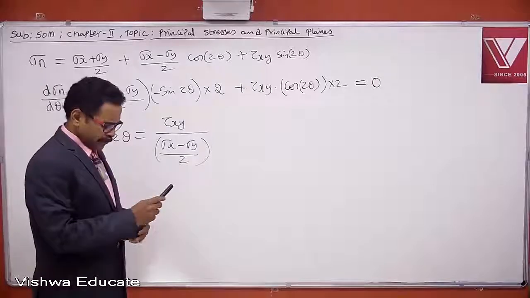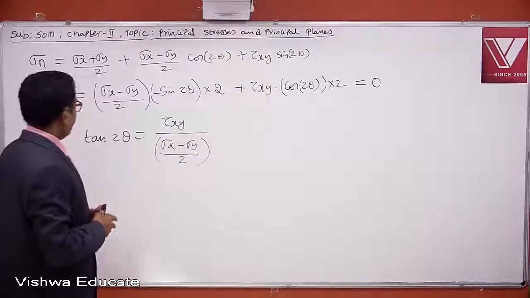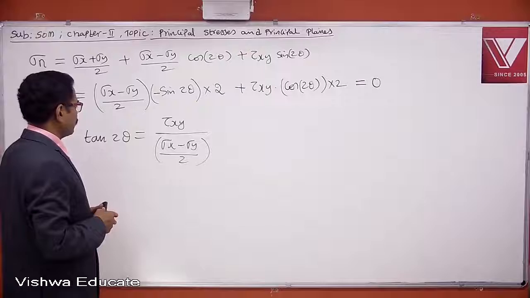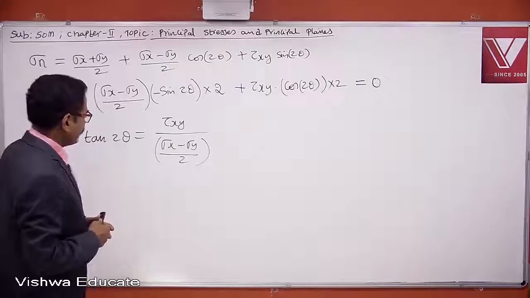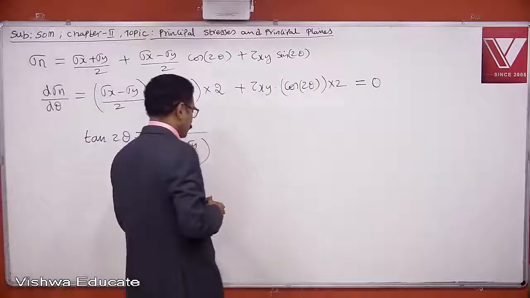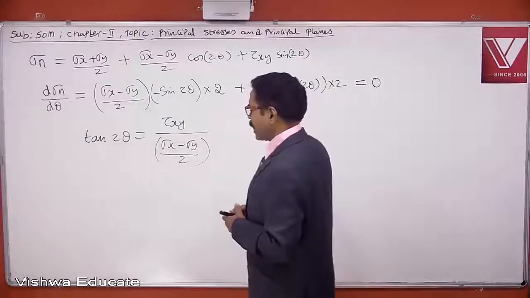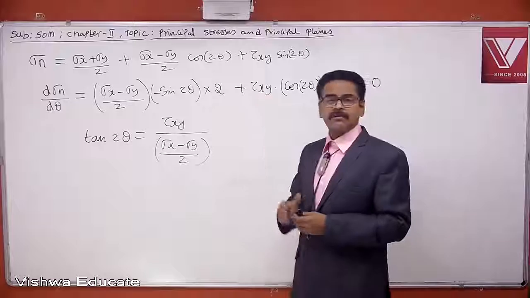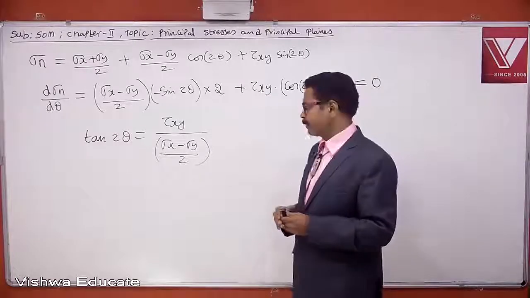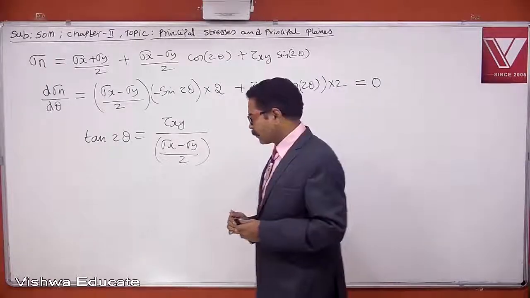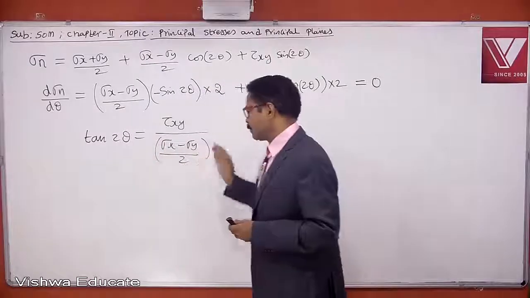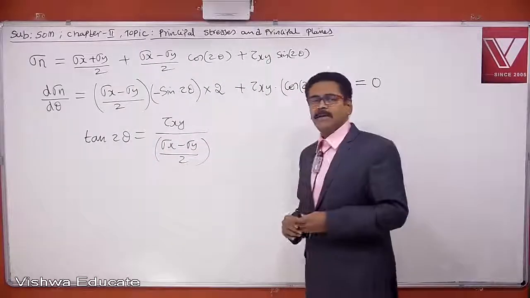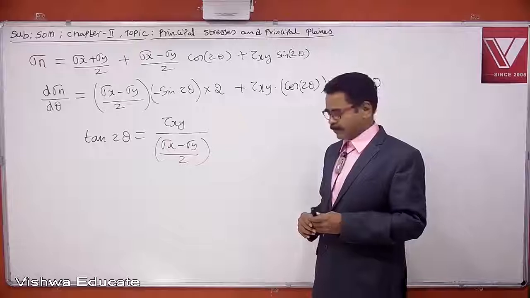So finally, on simplifying, we get tan 2 theta is equal to tau xy by sigma x minus sigma y by 2. So when tan 2 theta is equal to this much, sigma n will be either highest or lowest.